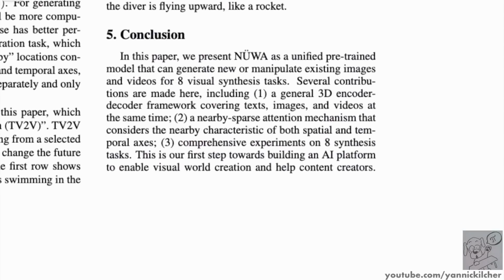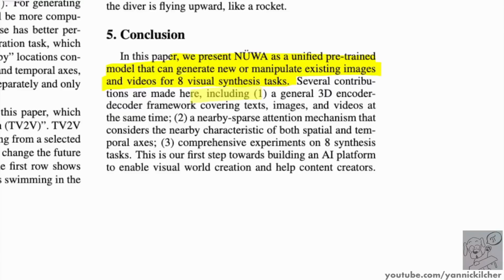As a conclusion, they present NÜWA, a unified pre-trained model that can generate new or manipulate existing images and videos for 8 visual synthesis tasks. Again, the caveat here is that only like 2 or 3 of those are actually zero shot, maybe, or resulting from the pre-training. For the rest, you actually have to fine-tune.